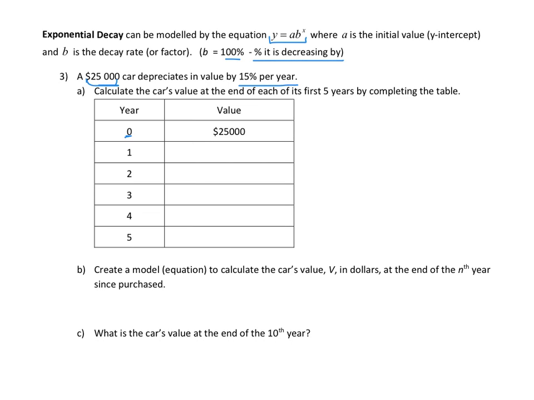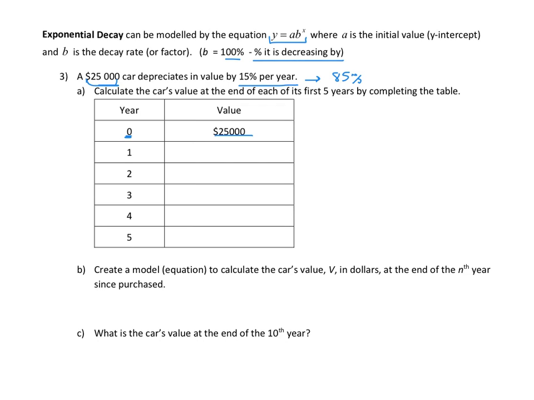So at year 0, when you first initially purchase it, it's $25,000. If you're decreasing by 15% each year, that means you would actually have 85% of the value remaining.